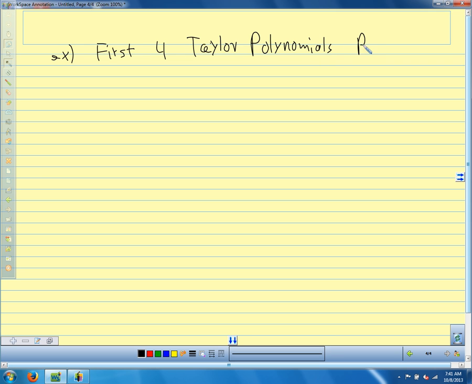So I'm looking for P0, P1, P2, P3, for our function f of x equals 1 over x, and we want to center at c equals 2. So we want to expand about 2.